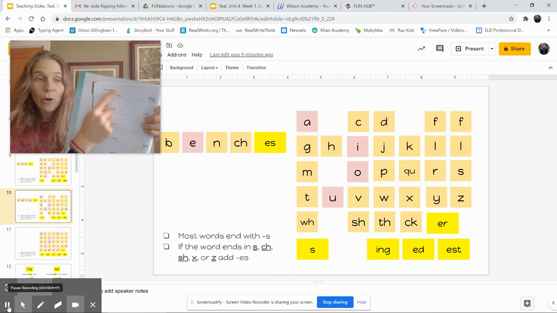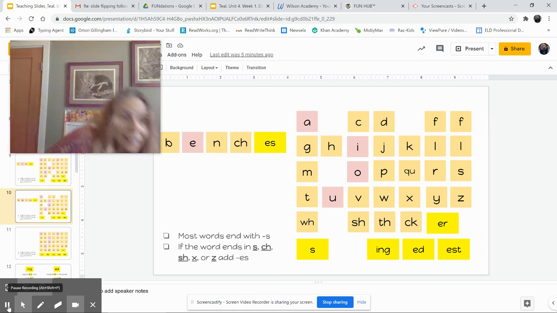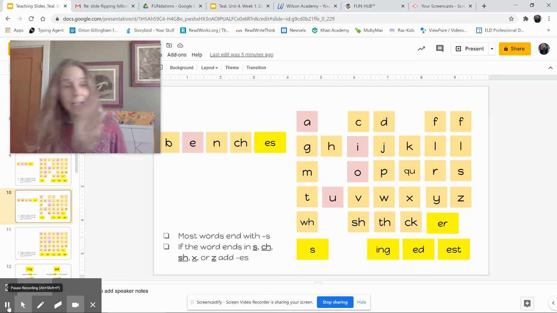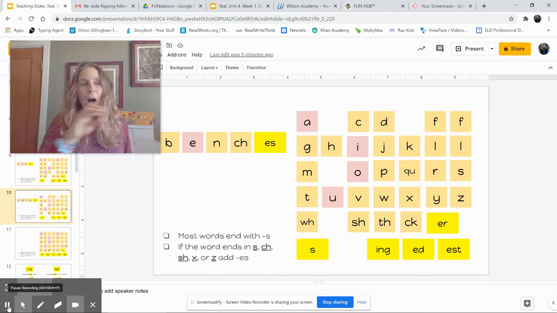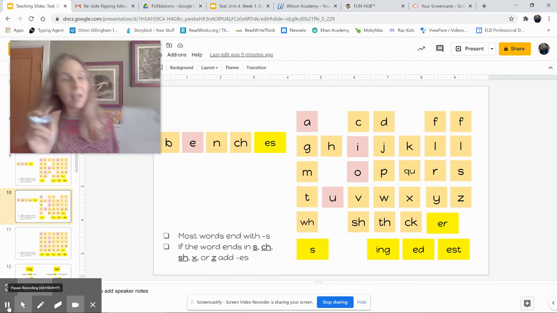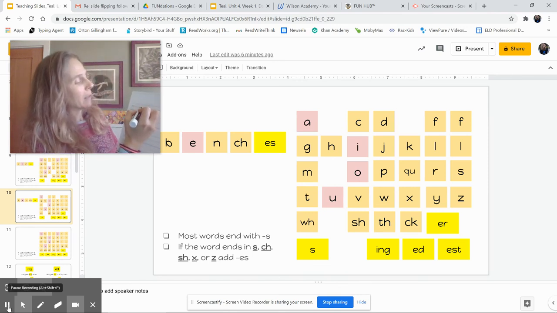We're going to write a word right here. I'm going to write it on my whiteboard so it's a little bit easier for you to see, but I want you to write it in your student notebook. The word we're going to write is the word boxes. We're going to write the base word, and let's tap out the base word, box, box, and we're going to write boxes.